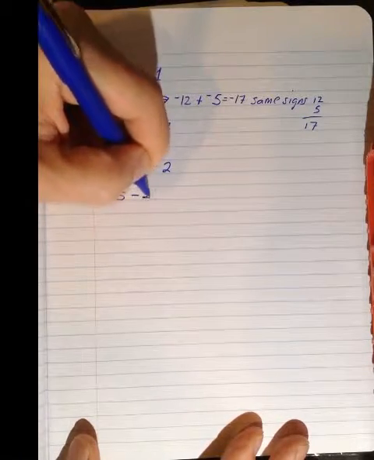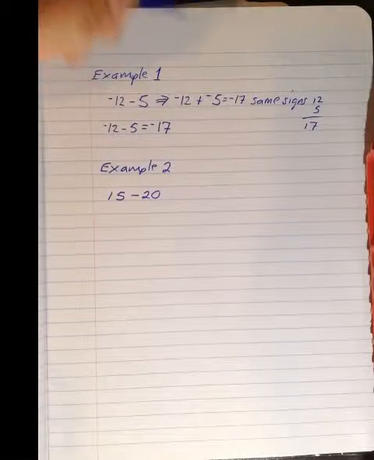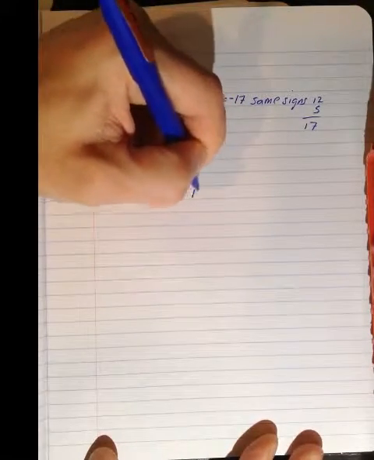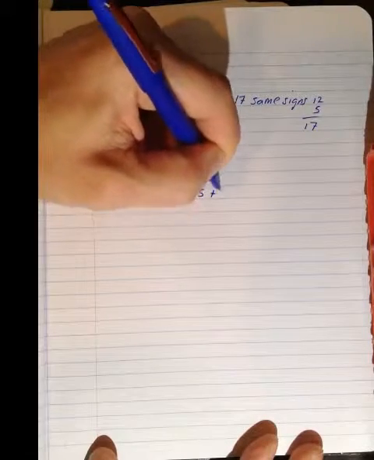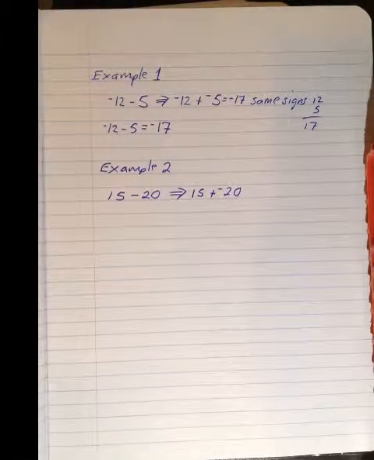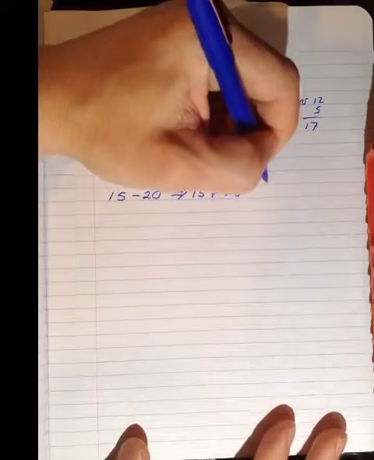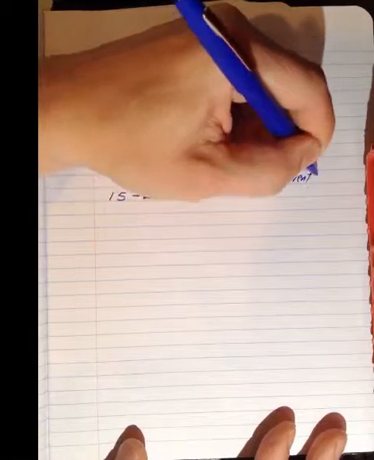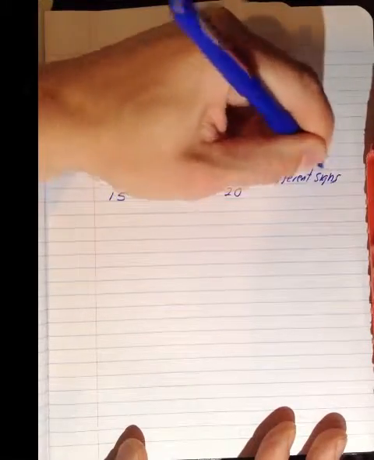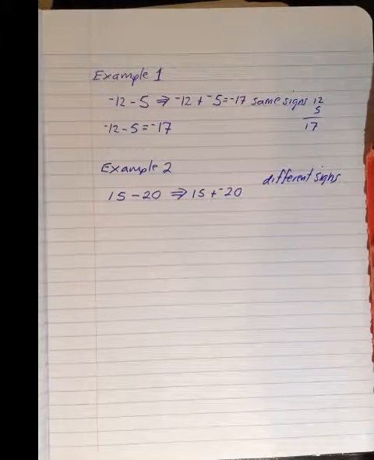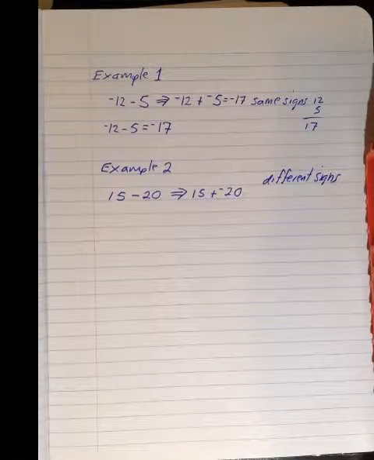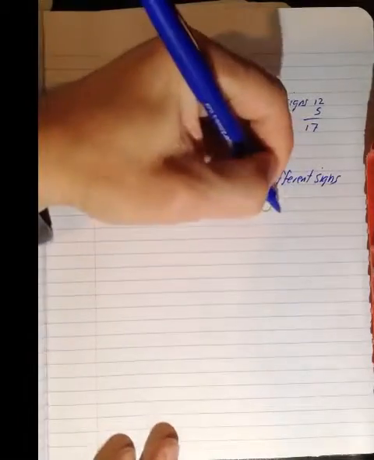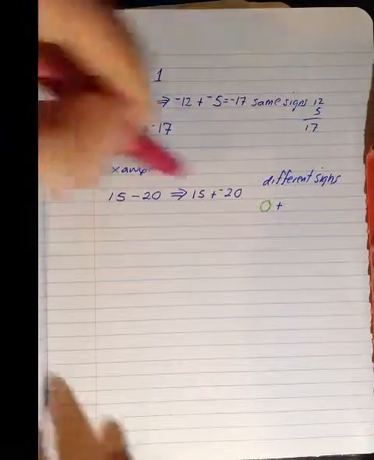Example 2, 15 minus 20. That becomes 15 plus negative 20. 15 and negative 20 have different signs. That means that we find the difference. Remember, different signs, difference. I'm going to use a small positive color and a larger negative color.